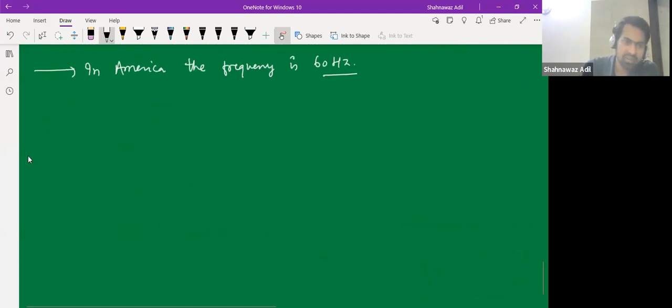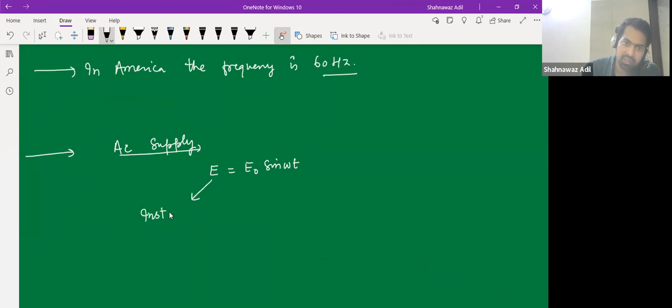So what do we have? We have an AC supply, right? An AC supply, and this is how we represent it. This is E naught sine omega t, right? So this is the instantaneous EMF generated.